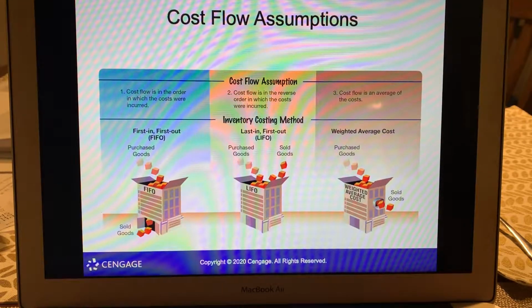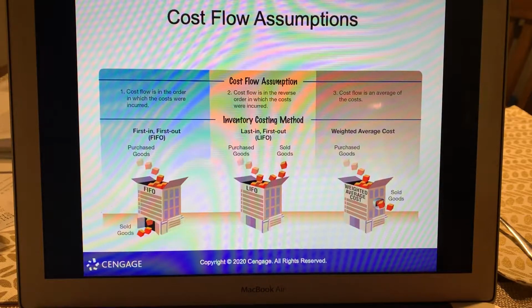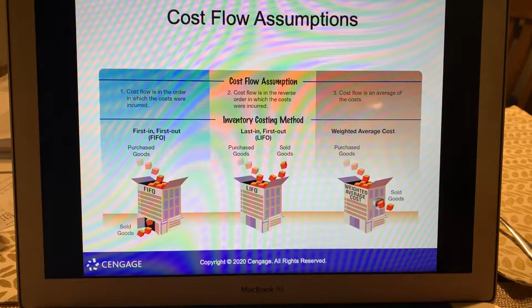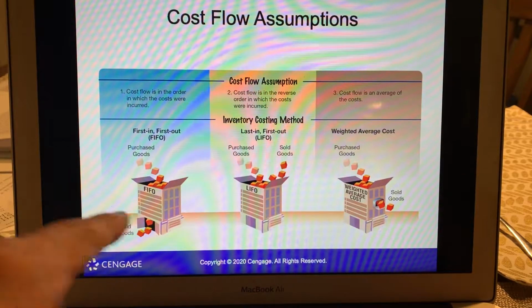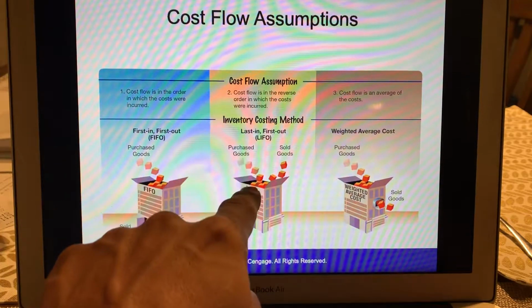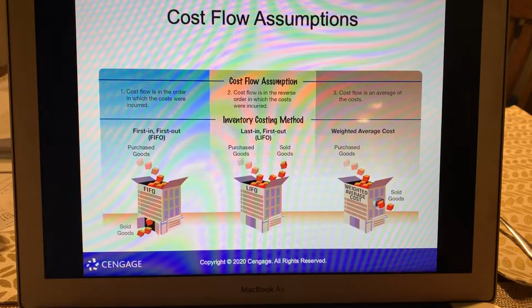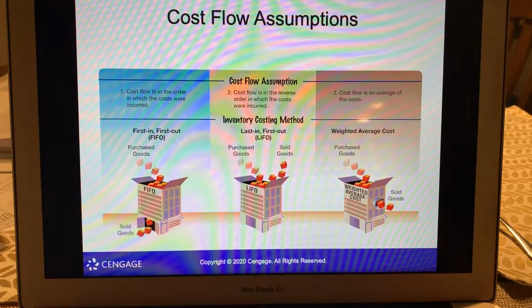LIFO, last in, first out, is cost flow in the reverse order in which the costs were incurred. The third is weighted average cost, an average of the costs of the purchased goods.